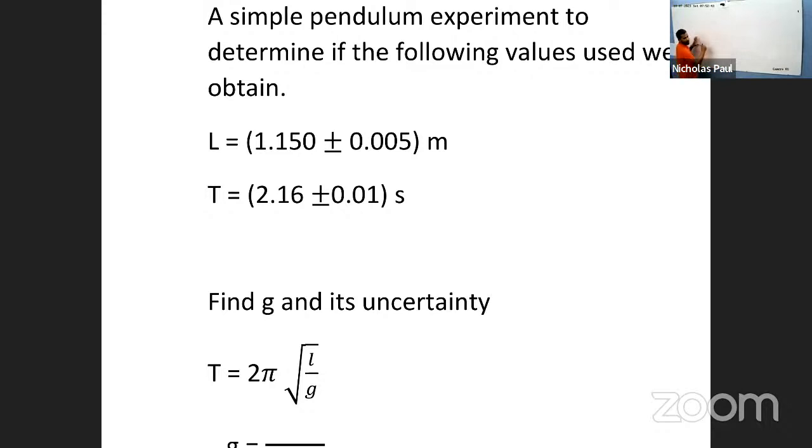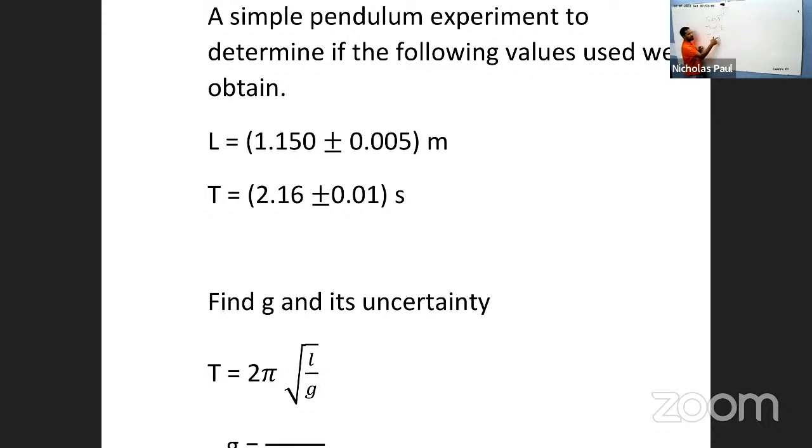All right, so first thing, we have T is equal to 2 pi by the square root of L on G. So if we square both sides, we'll end up with T squared is equal to 4 pi squared by L on G. Right? Carry across the 4 pi squared. So you'll get T squared on 4 pi squared is equal to L on G. I want to make G the subject.